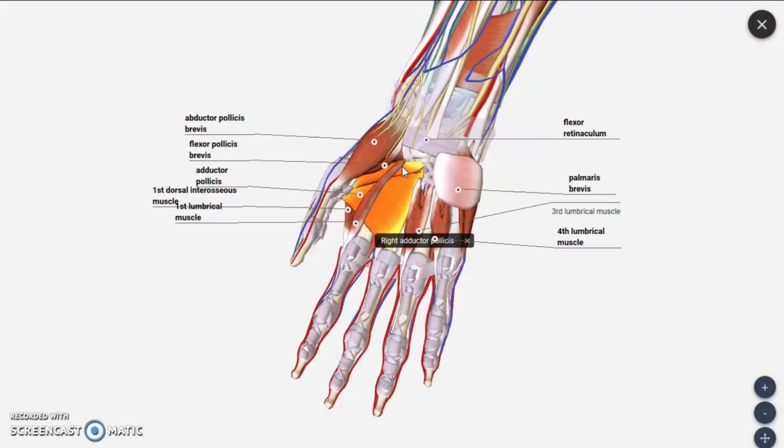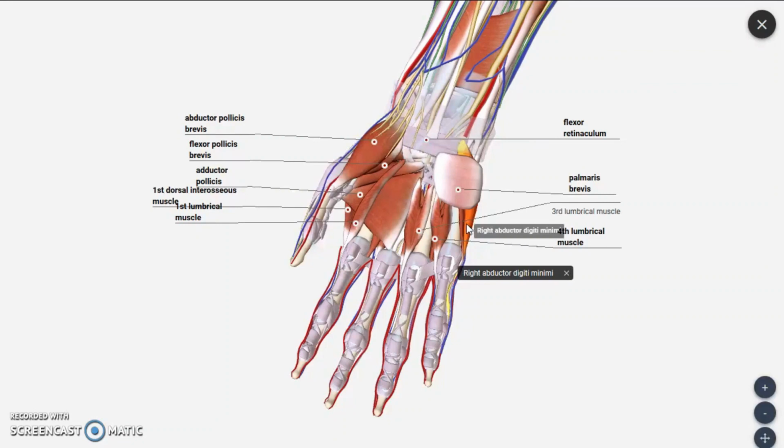Compared to the thenar area it is lower, and we will have hypothenar muscles, again 4 in number. The first muscle, in the medial aspect, is abductor digiti minimi. For the thumb we call it pollicis; here we call it digiti minimi.